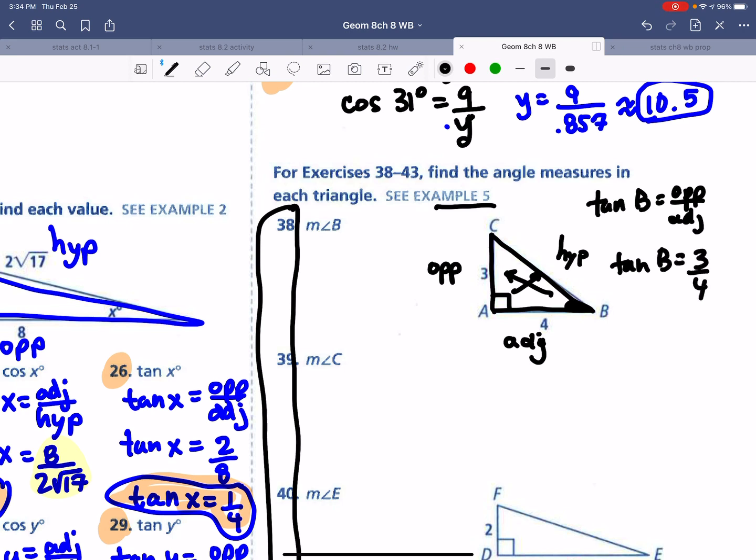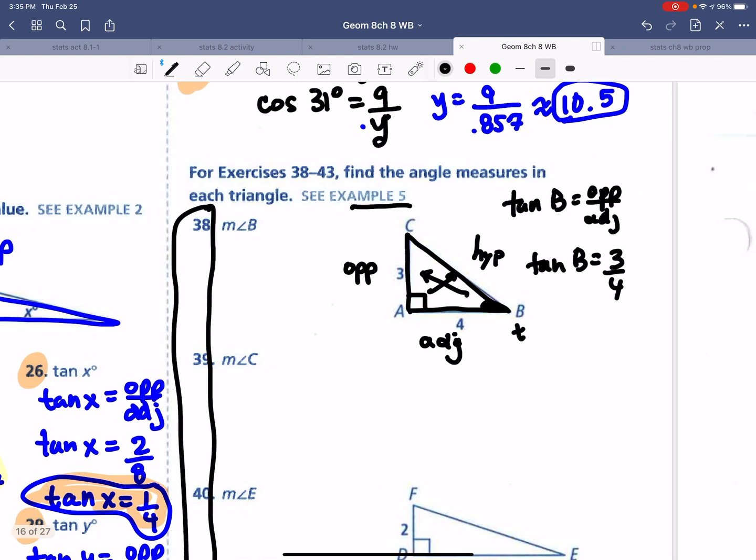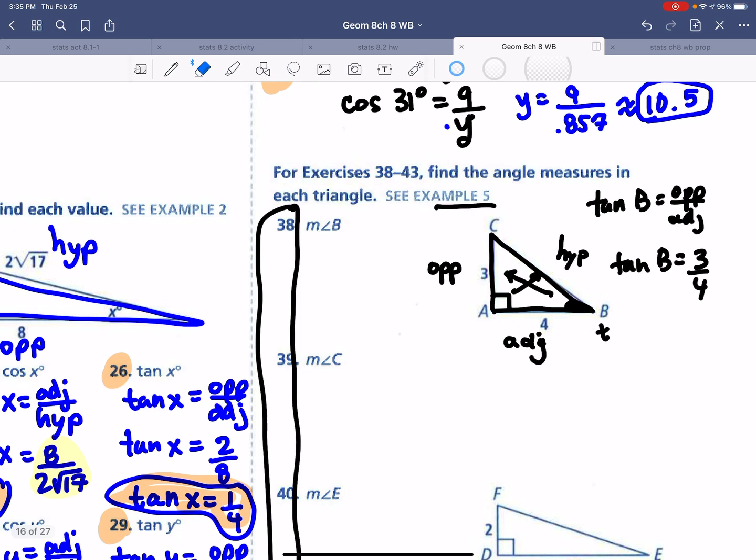Now let's rewrite that here, right? I need some room to write the inverse tangent. So let's take the inverse tangent of both sides, and our fraction that was there a minute ago was 3 over 4. So we want to know in our calculator, which would be 0.75, what's the inverse?